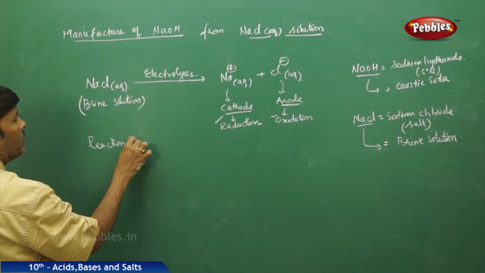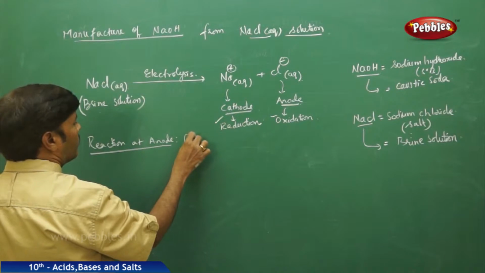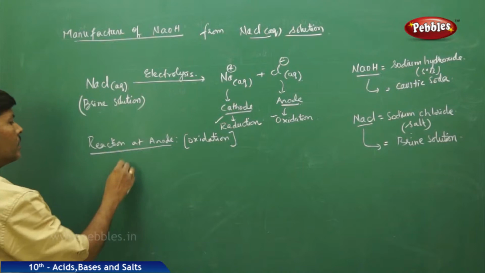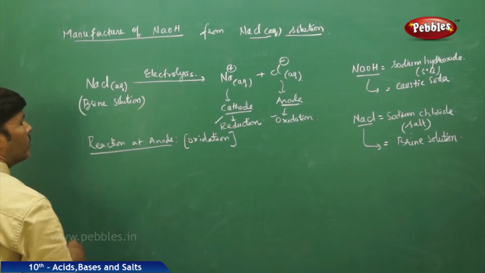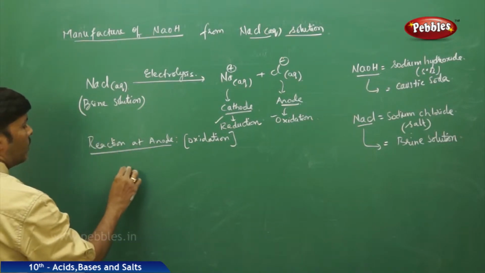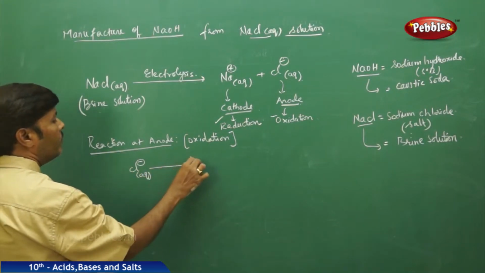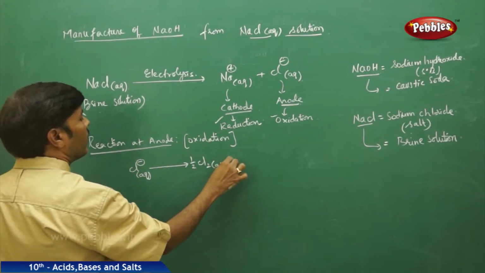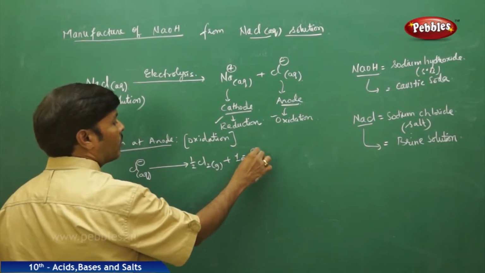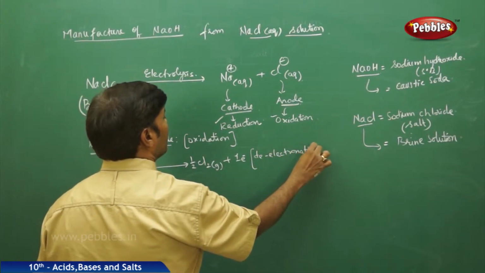Reaction at the anode is oxidation: the chloride ion Cl- gets oxidized to give half mole of chlorine gas with the loss of one electron. Because the electron is lost, it is de-electronation, also called oxidation.